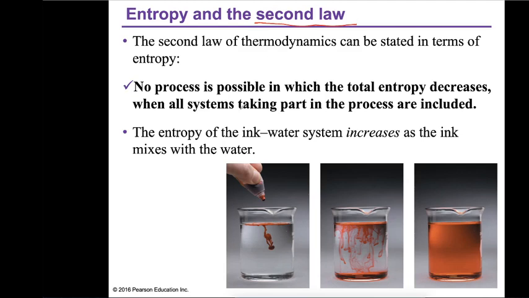For example, if you drop ink into water, the water and the ink will eventually get mixed, and it will mix better and better, and at the end they're completely mixed together. This is an entropy-increasing process, because at the end the entropy is the highest, the disorder is highest.